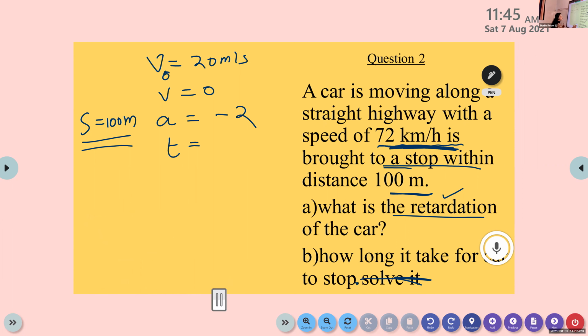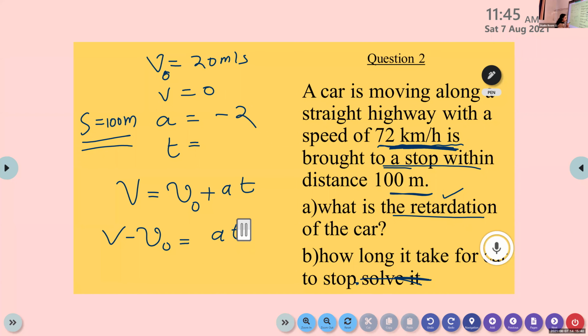So by the first equation of motion, we have v is equal to u0 plus at, or v minus u0 is equal to at, or v minus u0 divided by a is equal to time t.